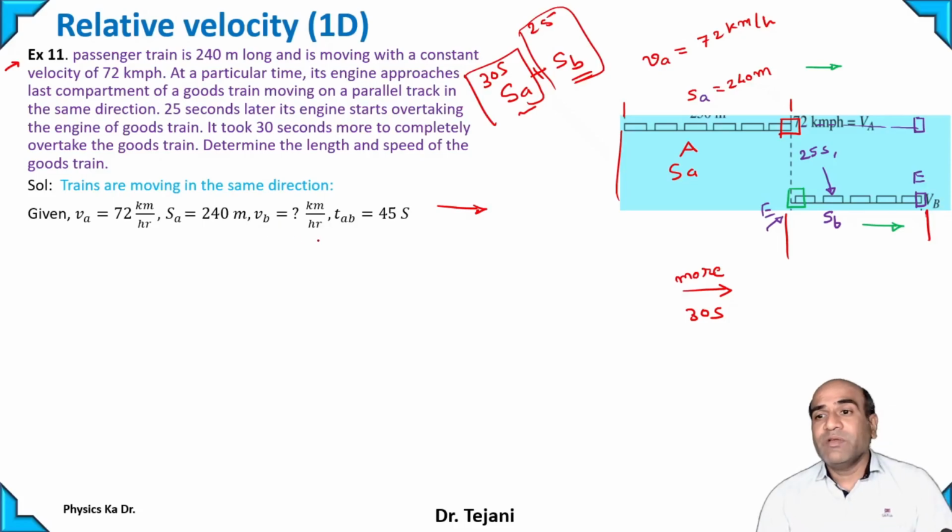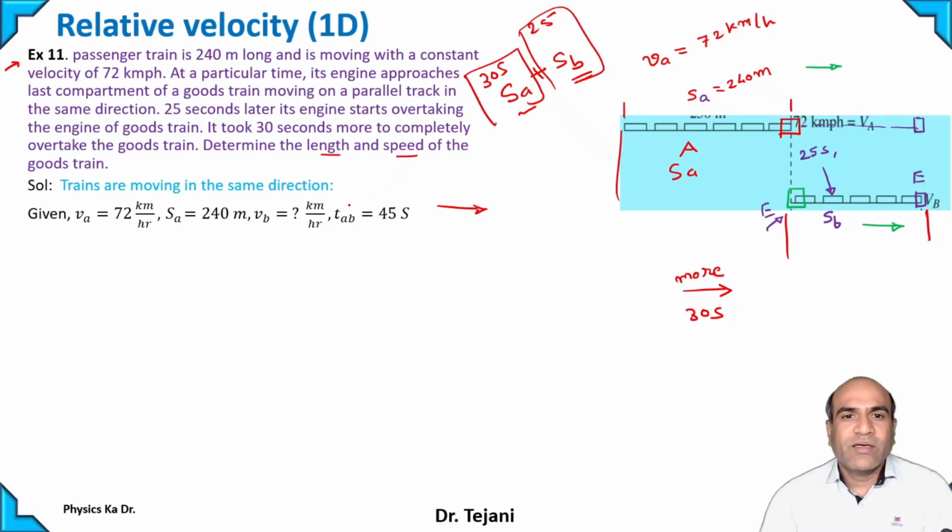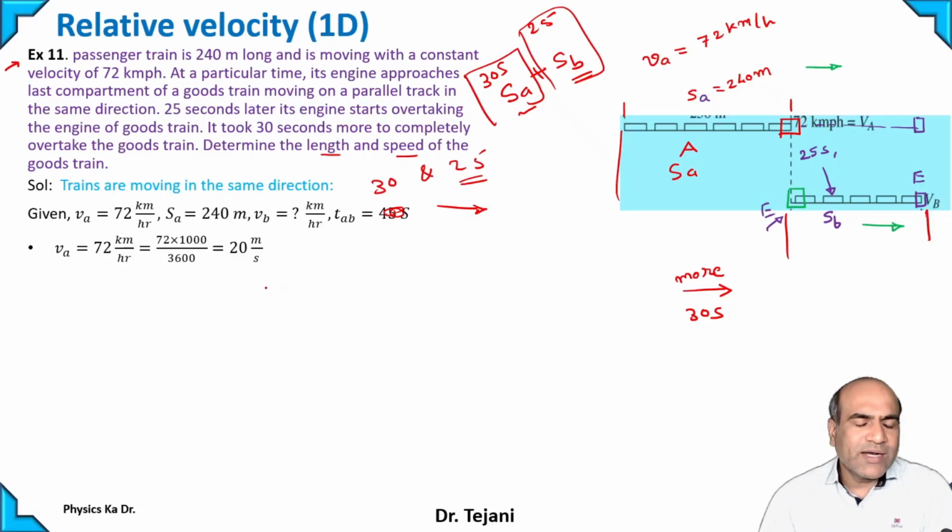The velocity of train B we need to find, and also the length of the train. Two times are given, one is 25 and the other is 30. Two different times are given. So let's solve case first.